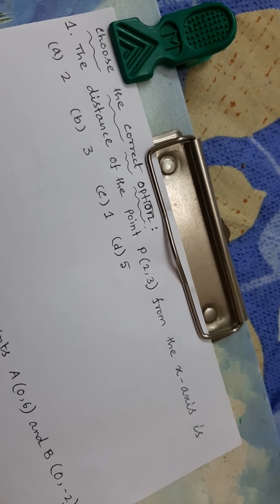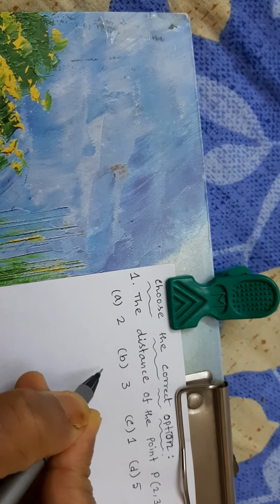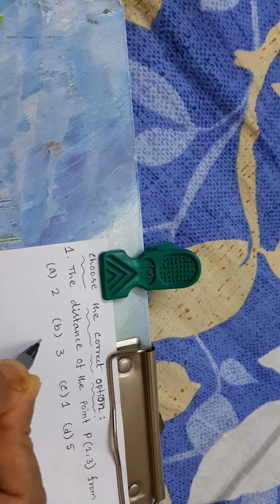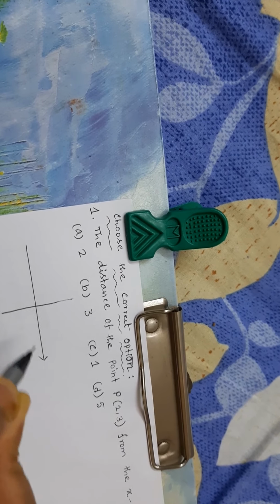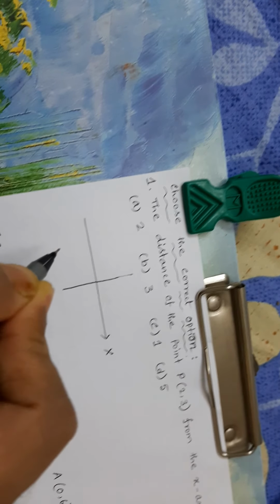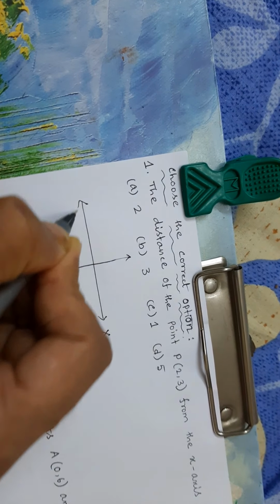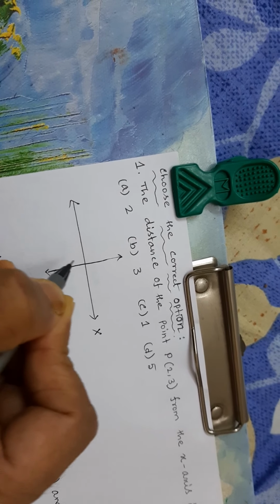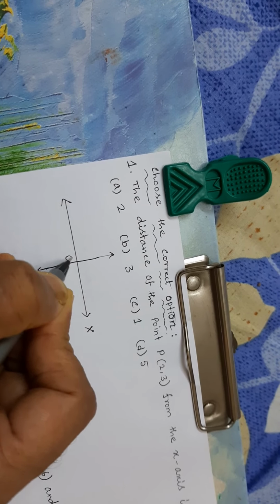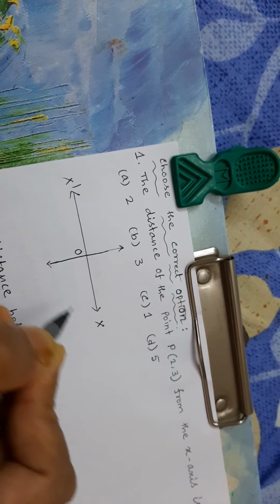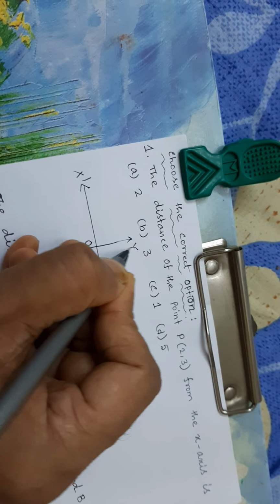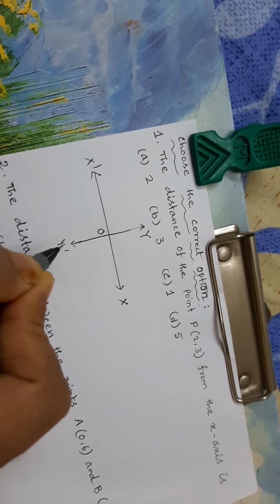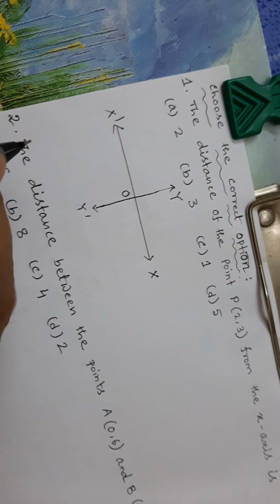Okay, from the x-axis. So draw the x-axis and y-axis. This is the origin O, X'OX is the x-axis, and Y'OY is the y-axis. O is the origin.